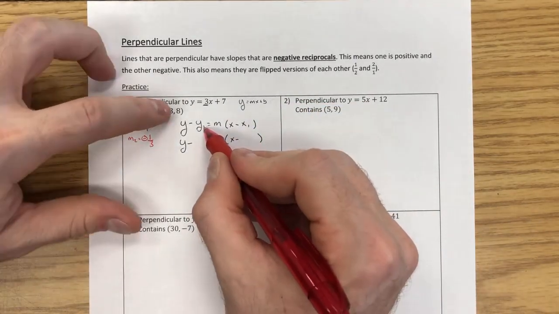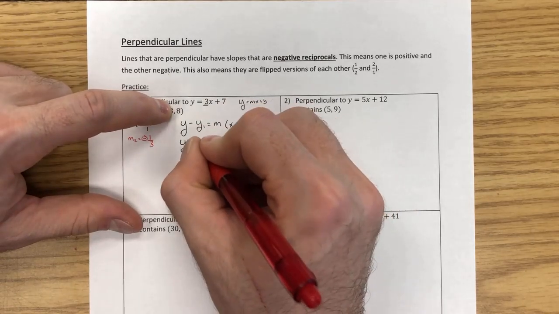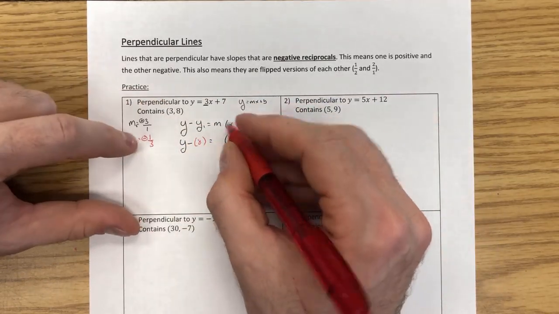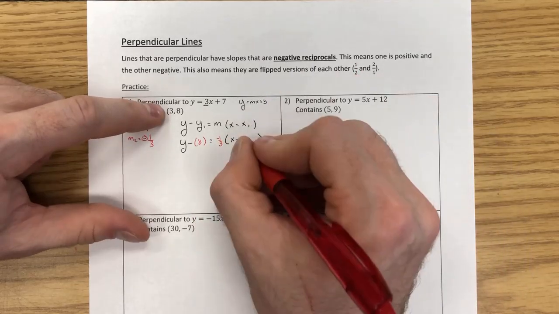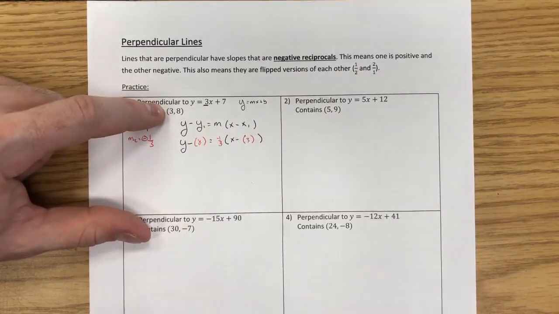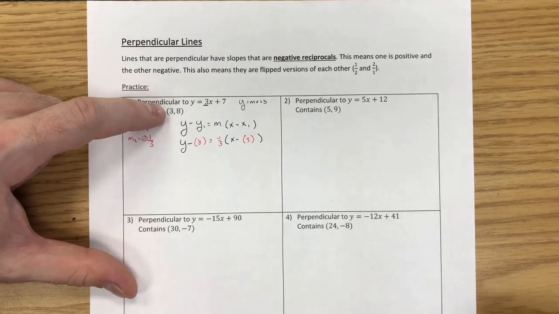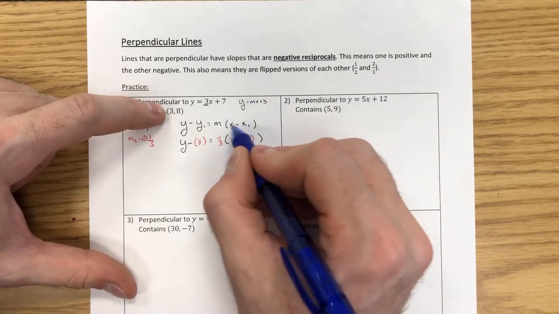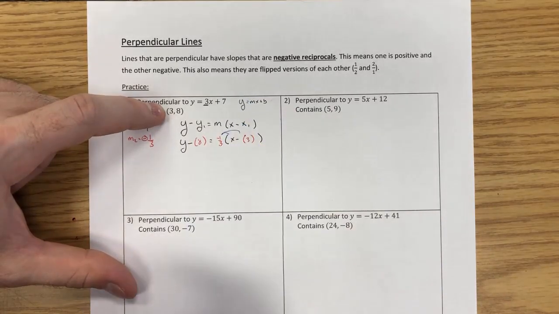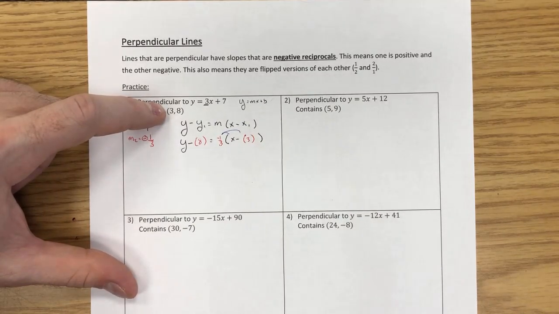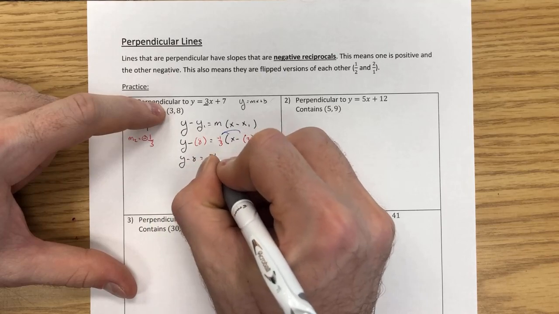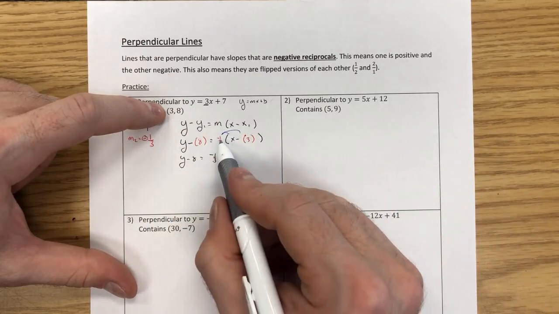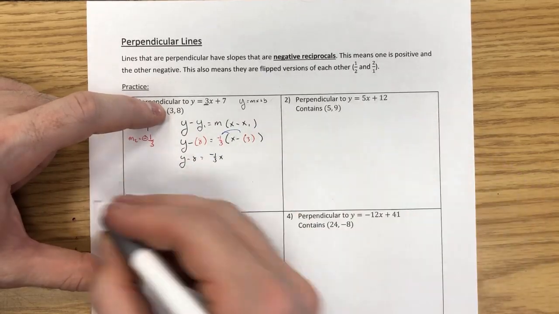Y minus my y1 in this case is going to be an 8 equals my slope, which is -1/3, x minus my x1, which is going to be 3. Perfect. So I've got 2 steps to solve this. I'm going to combine these two by distributing. So y minus 8 is -1/3 x. Let's see, 1/3 of 3.